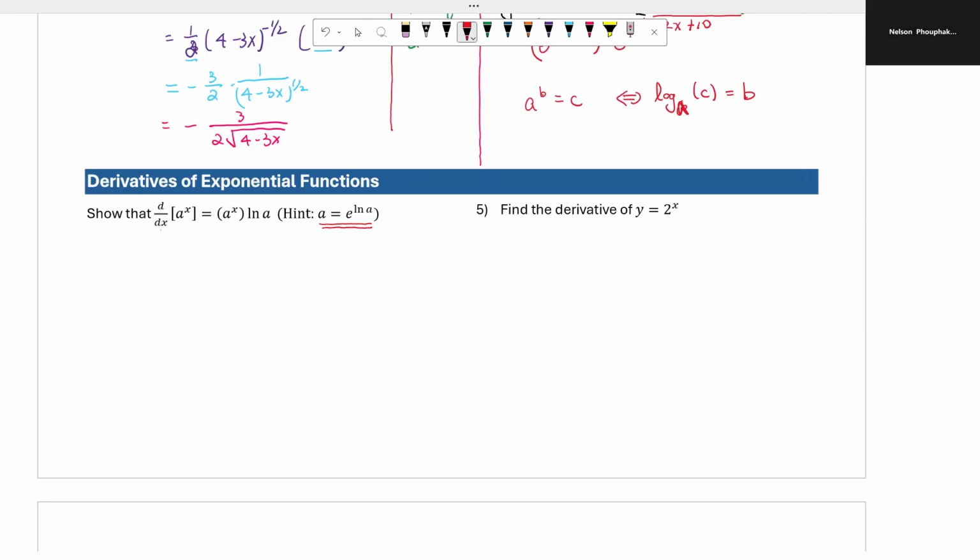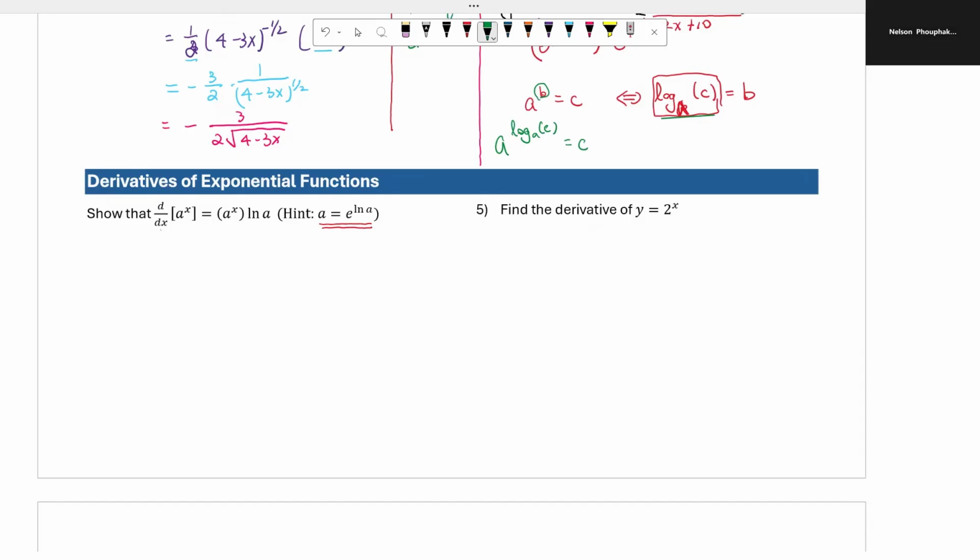Or we could rewrite this as a to the power of log base a of c, because again b equal to log base a of c is equal to c.